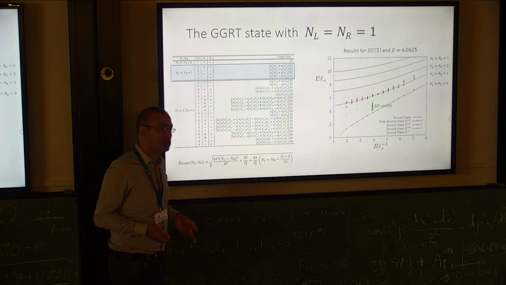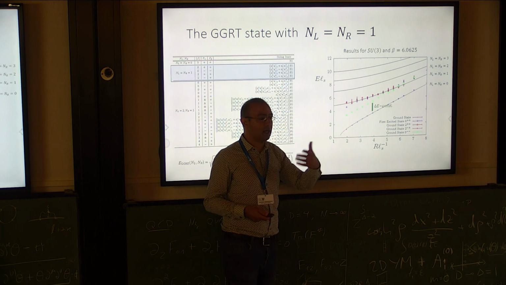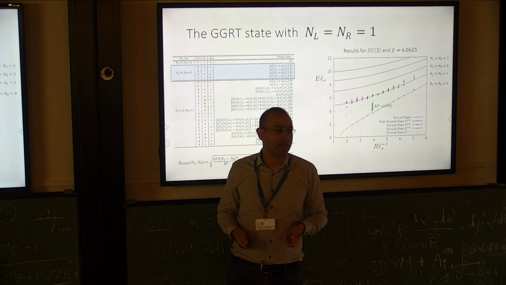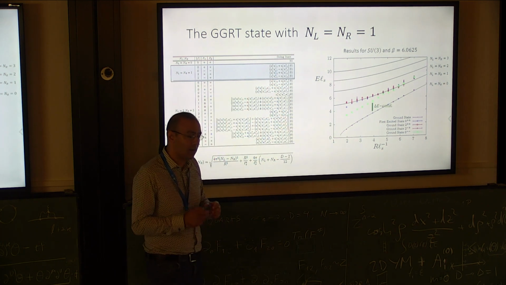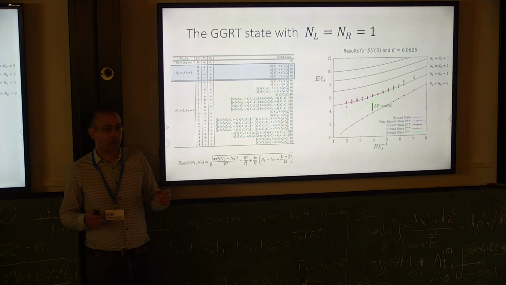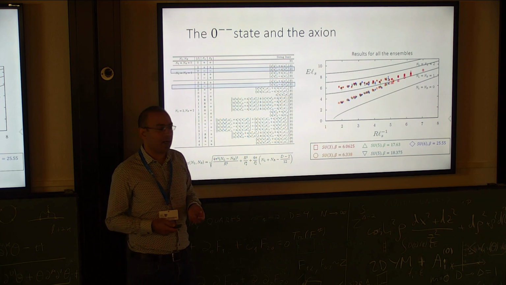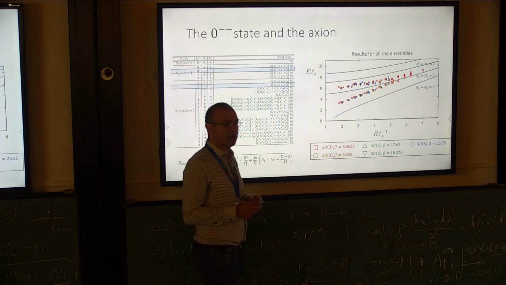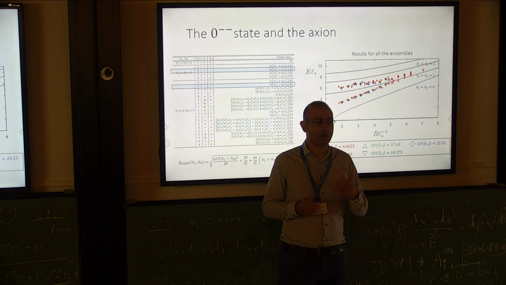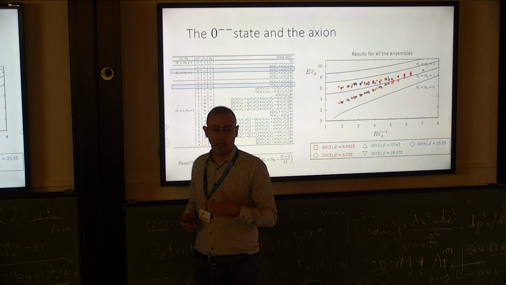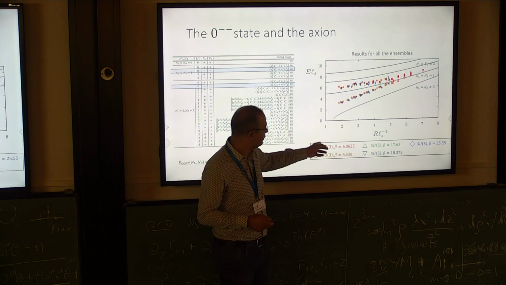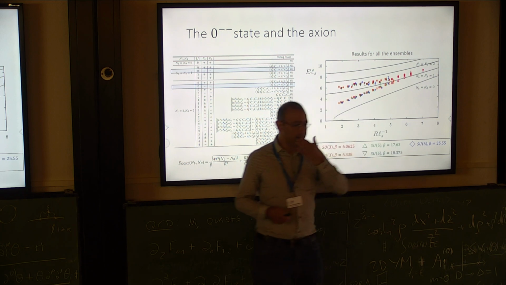So the question was whether this state is an axion, a massive excitation, or a state which can be thought of as a flux tube coupled to a glueball. The way to investigate that is to move to the large N limit. If it's a coupling between a flux tube and a glueball, you expect that this will be suppressed. It doesn't get suppressed. This is SU3 up to SU6.